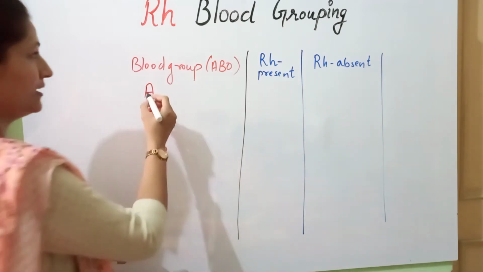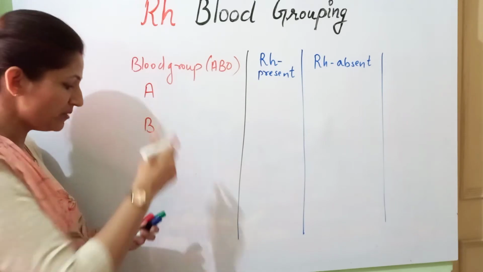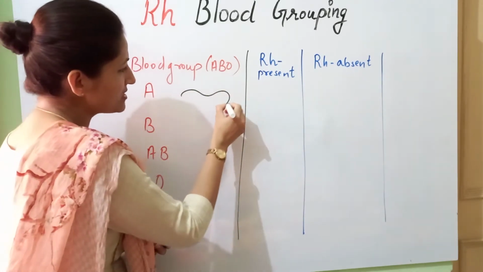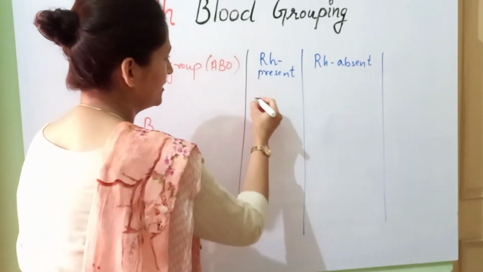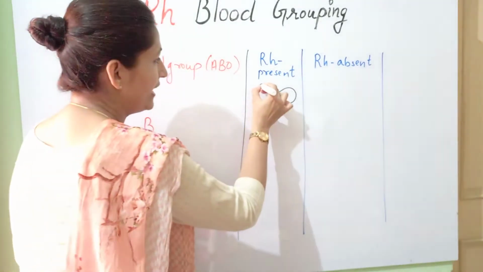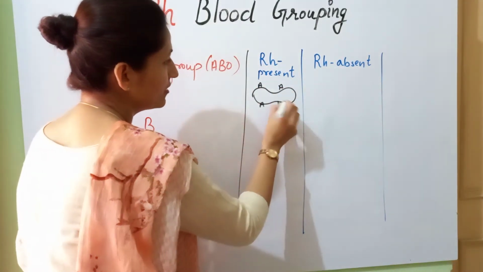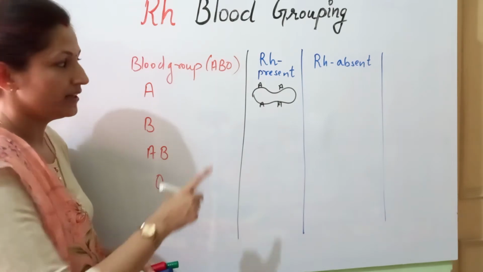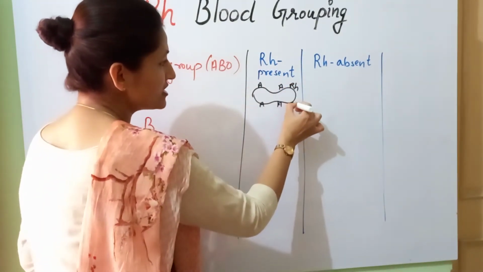We'll be getting a person having blood group A. It means the red blood cells contain antigen A, and along with antigen A, the Rh antigen is also present.